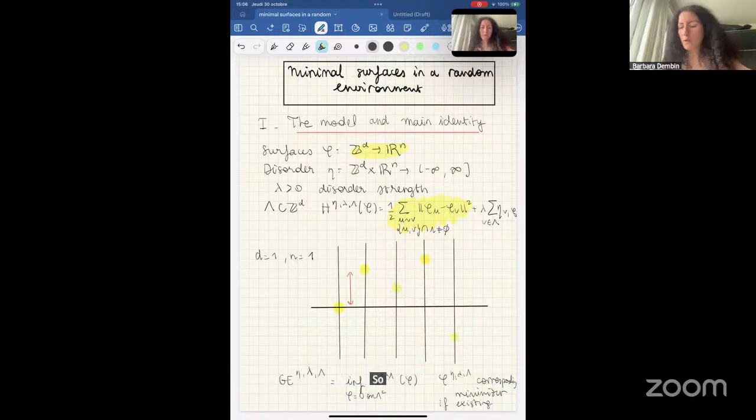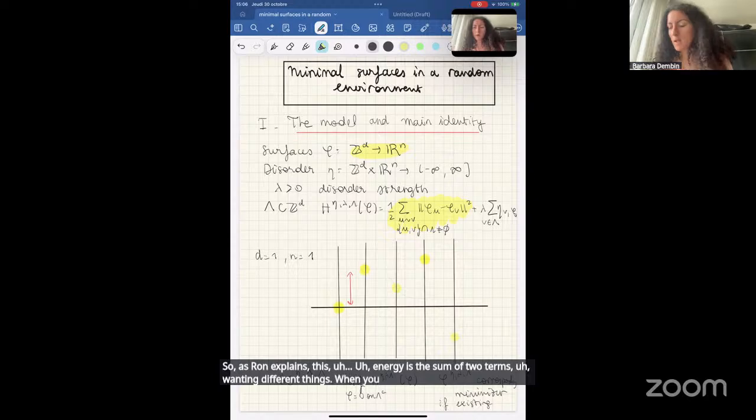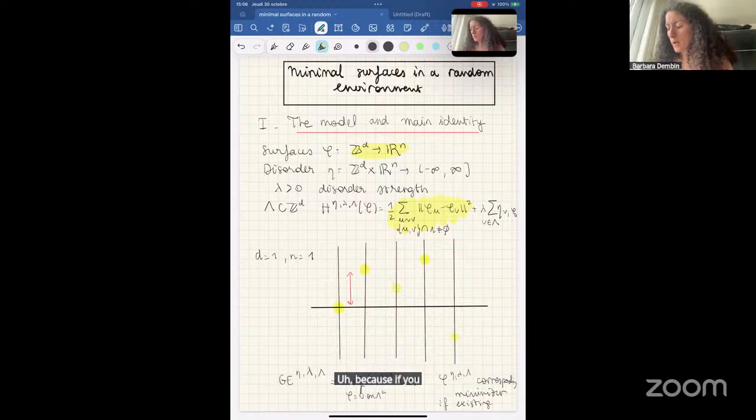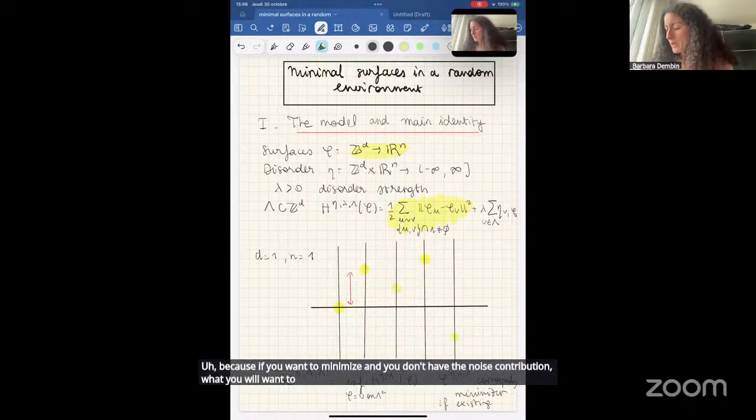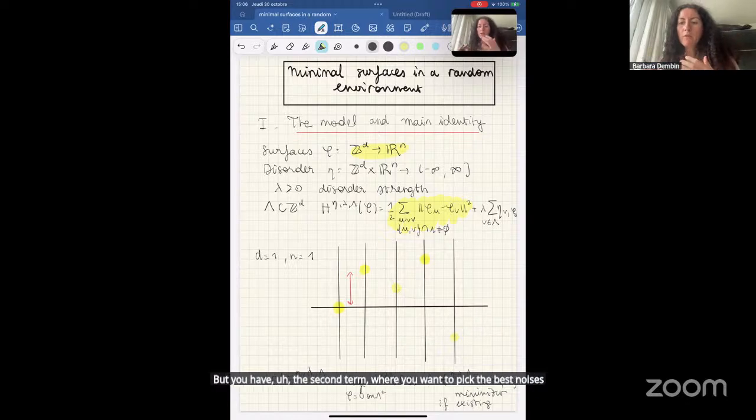As Ron explained, this energy is the sum of two terms wanting different things when you want to minimize. If you don't have the noise contribution, to minimize the elastic energy you will want a flat surface. But the second term wants to pick the best noise possible, which forces you to fluctuate.